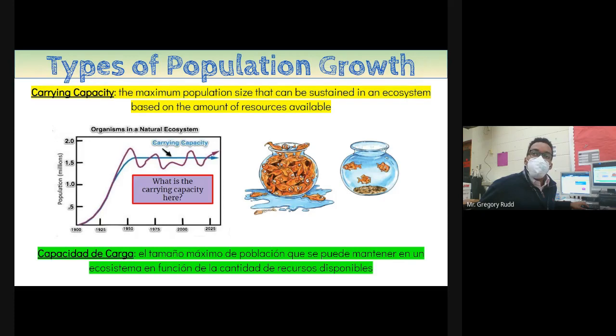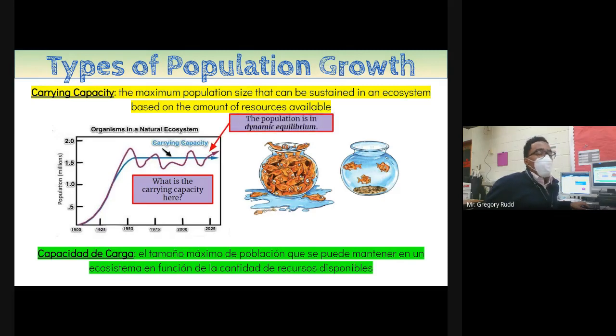What's the carrying capacity? So how many organisms can be supported by this ecosystem? So where does the graph kind of level off? How many? 1.5, and in this case, it's 1.5 million. Correct. Good job. Thank you.